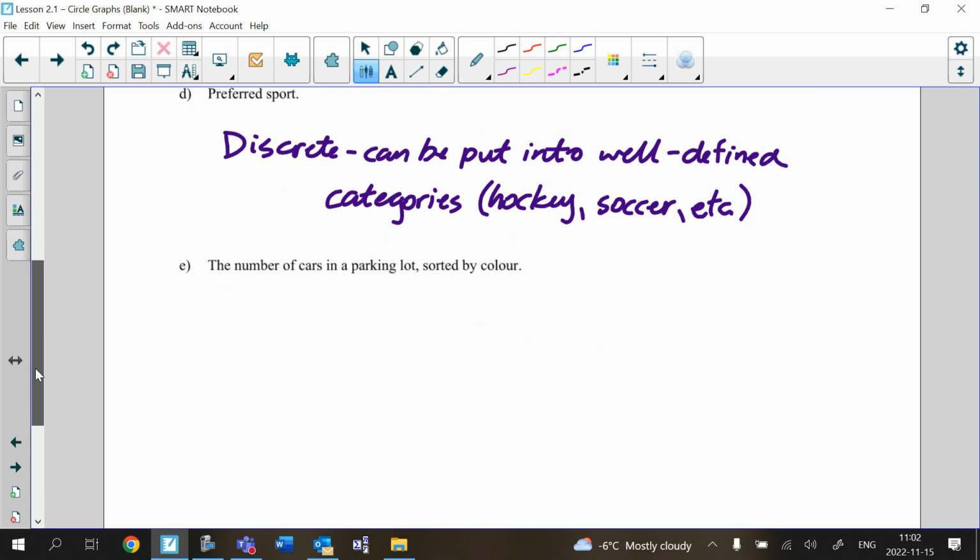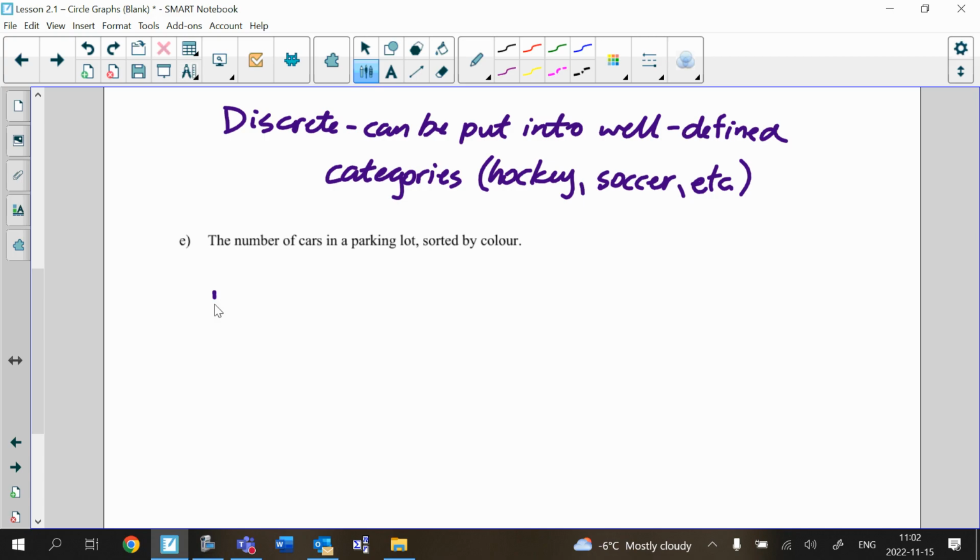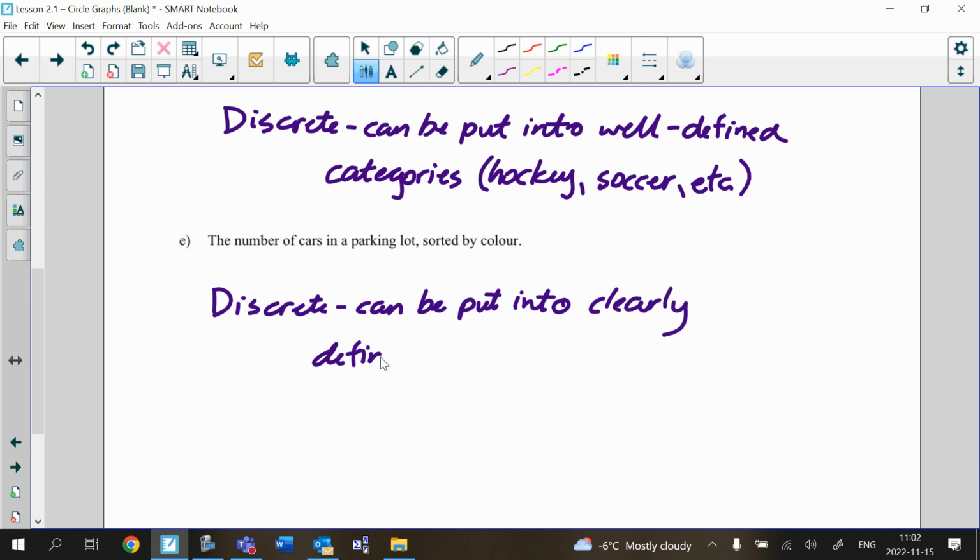Can be put into clearly defined categories. Blue, red, etc. Okay?